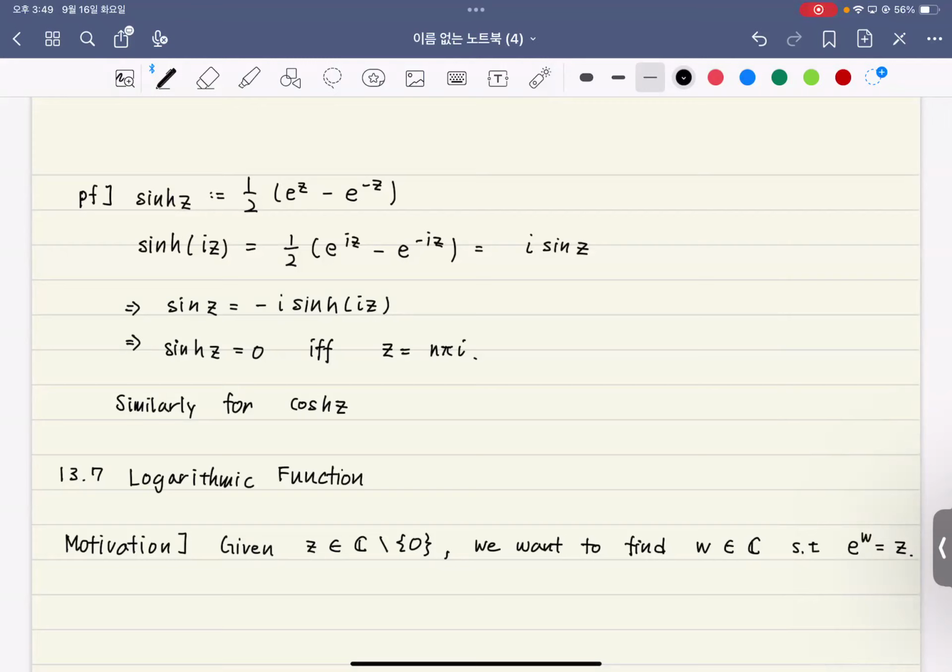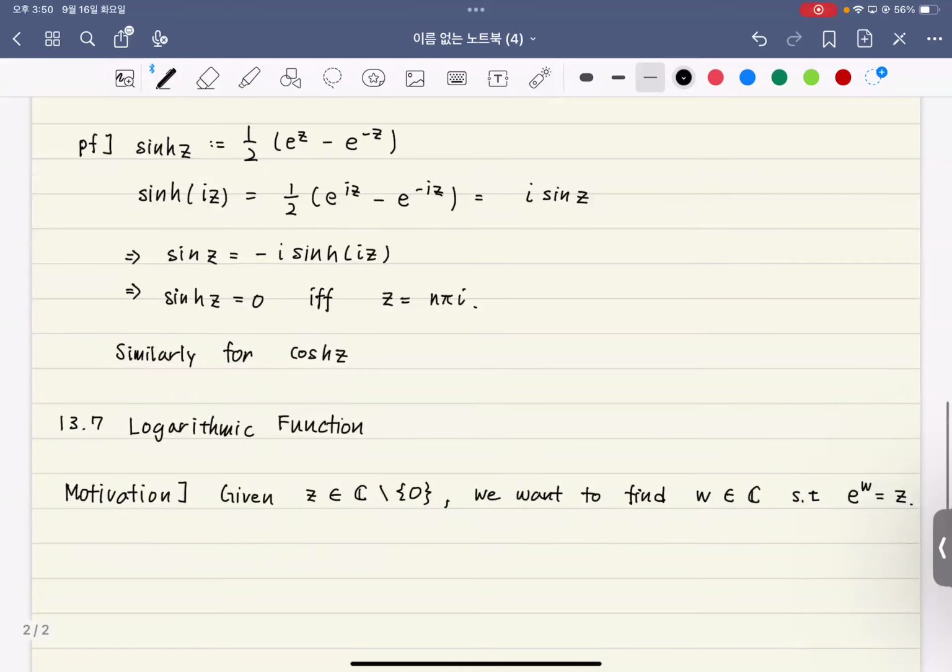The idea is, if you remember, your exponential function is e to the x times e to the i times y. So it is very reasonable to consider the polar form of this complex number Z.